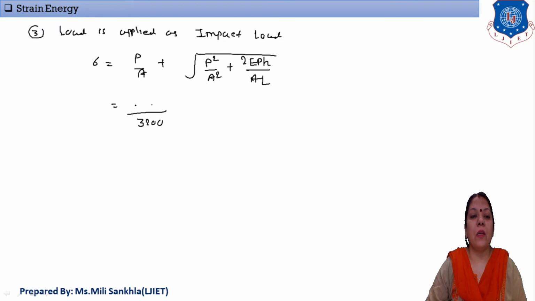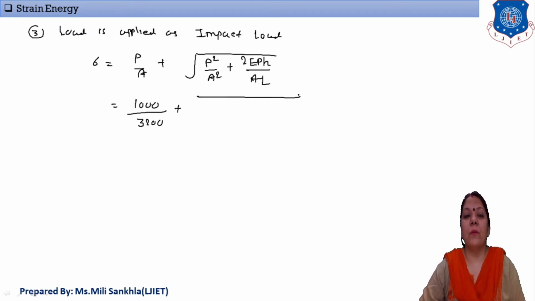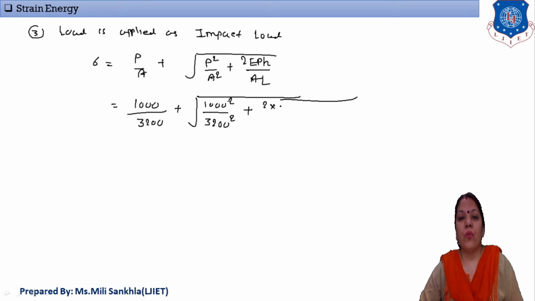Here P is equal to 1000 plus under root of P square, that means 1000, because our load is 1 kilonewton. 1000 square divided by 3200 square, plus 2 into 2E, which is equal to 2 into 10 raised to 5.